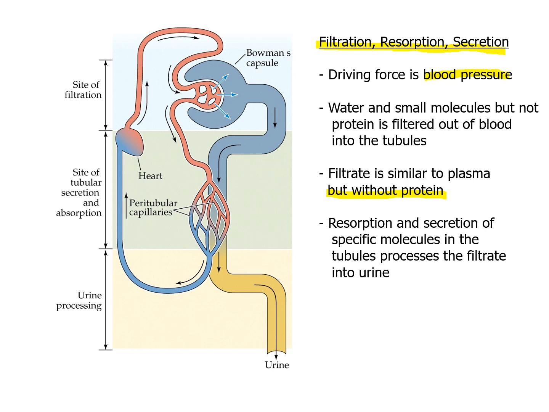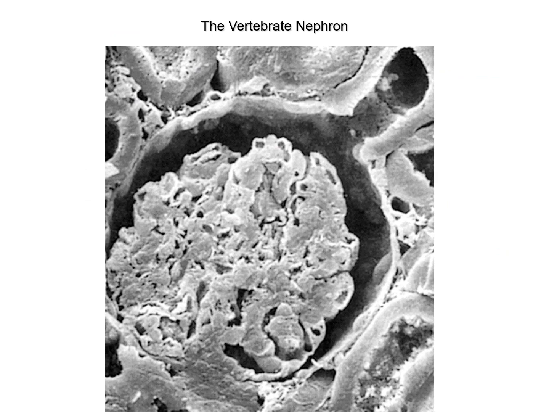Again, there may be a few small proteins in there, but if they are, they'll get reabsorbed. So then in the tubular system, reabsorption and secretion of particular molecules, particular fractions of the filtrate occurs, and then the filtrate is in this way processed into urine.